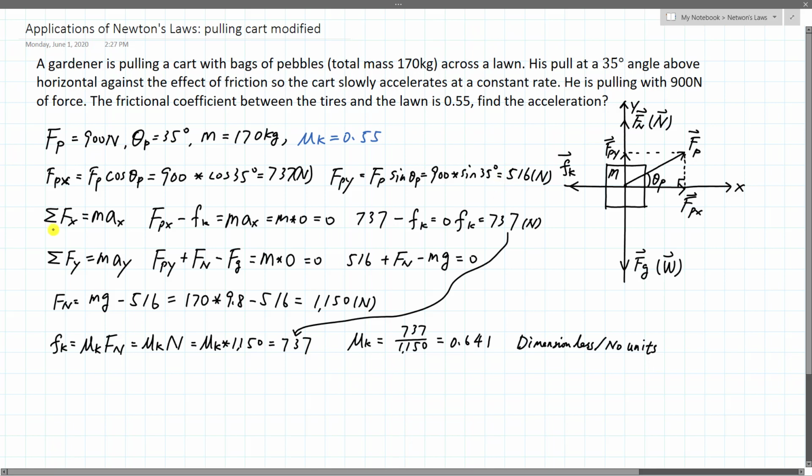Over here we'll have to change because now we no longer have zero acceleration. So let's start erasing here. This is no longer the case. What's the case now is we know Fk, so we can change Fk into mu k times Fn, the normal force. And this whole thing will have to change.